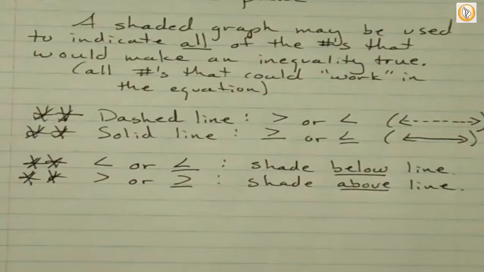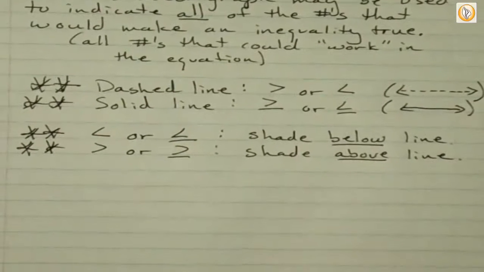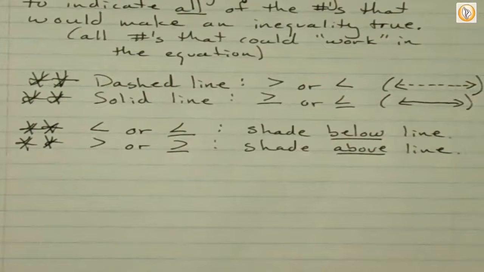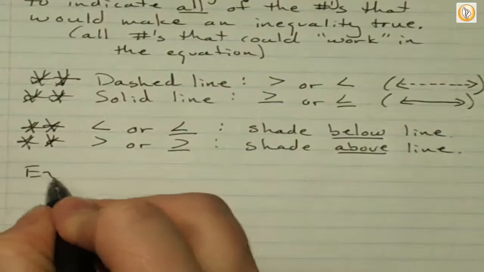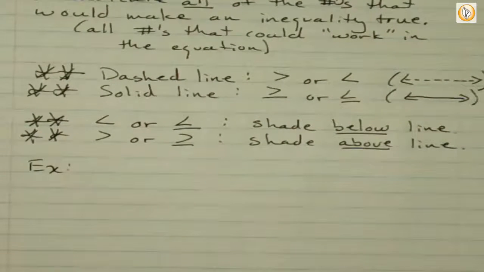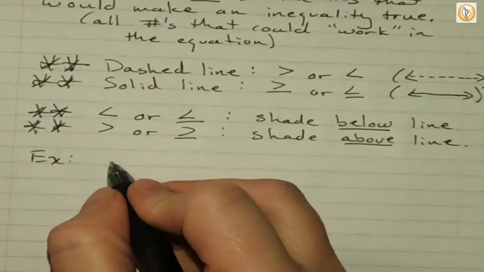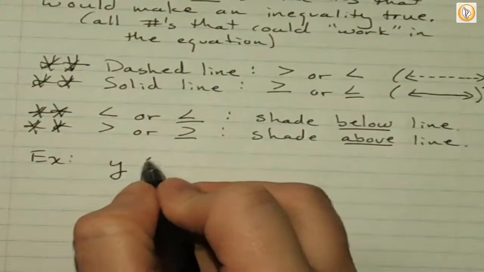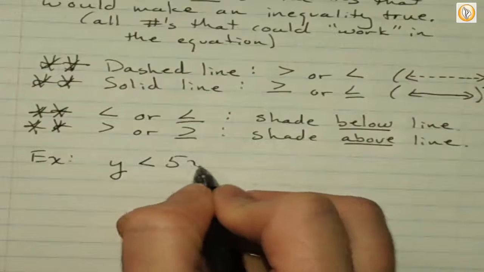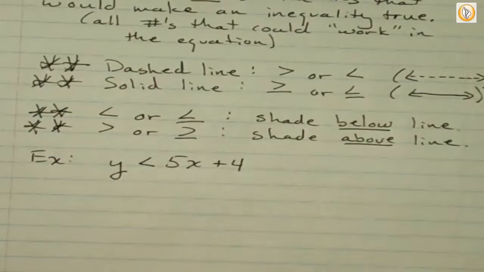Okay. Y'all got it all down? Joseph, you got it down? Okay, so let's do an example. Let's say my equation is y is less than 5x plus 4.